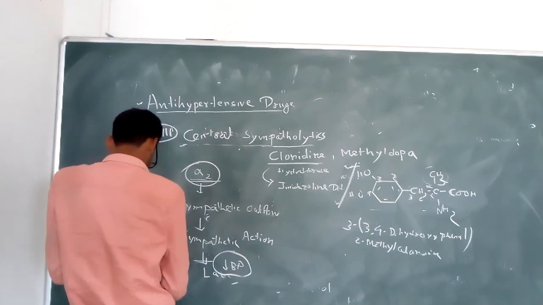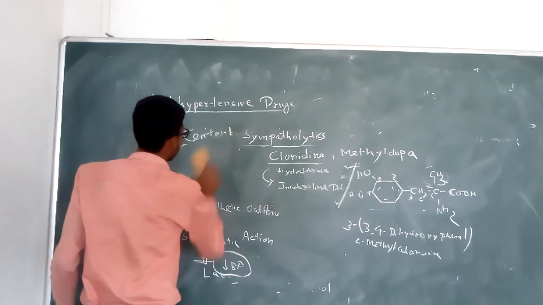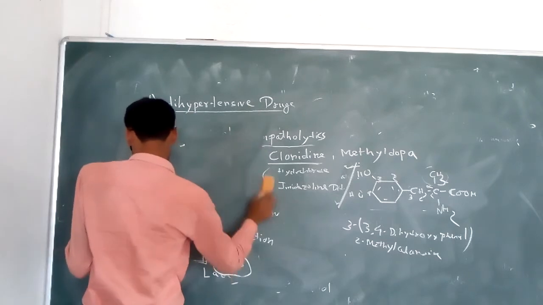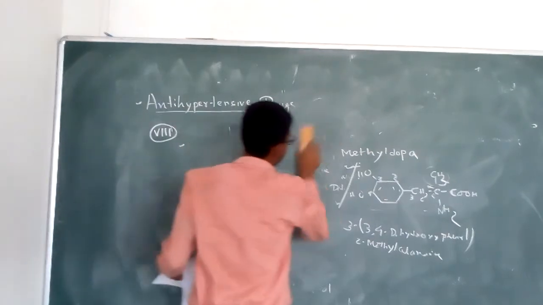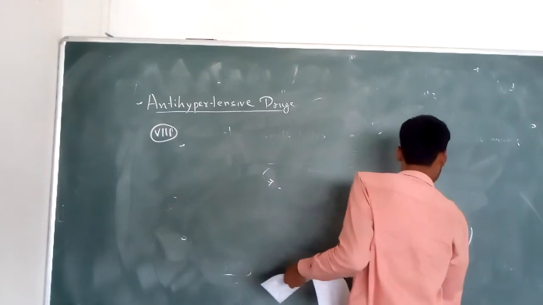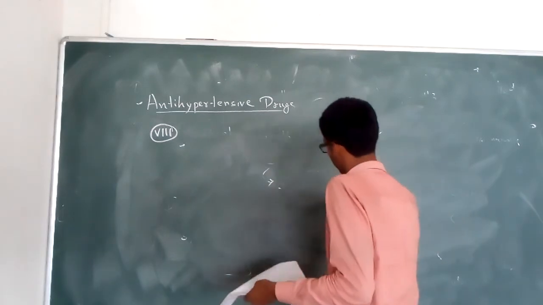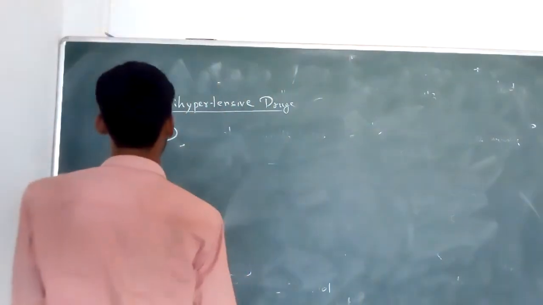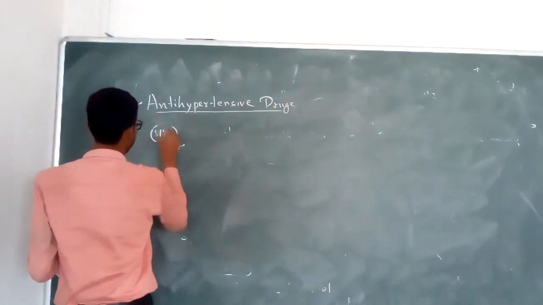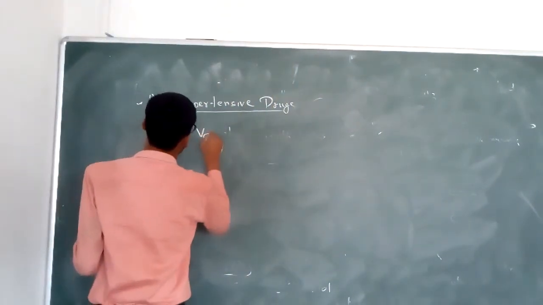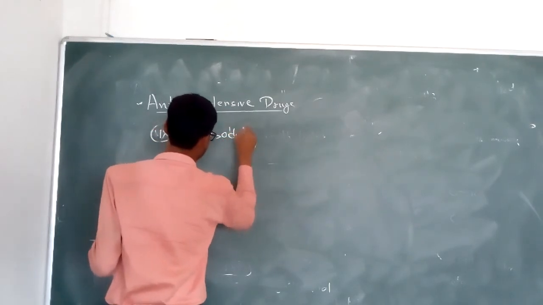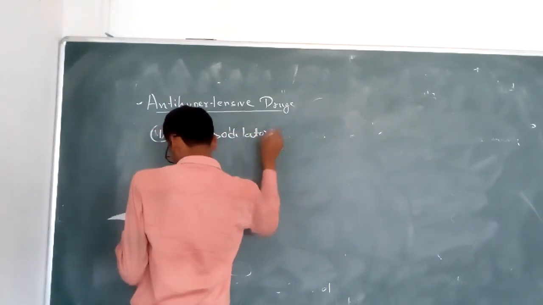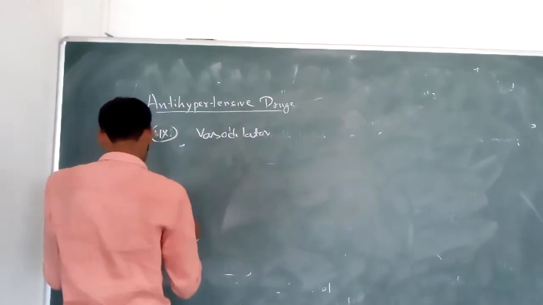Now going to the ninth category, that is the vasodilators. Vasodilators come under the ninth category of antihypertensive drugs. Vasodilators are categorized into two types.